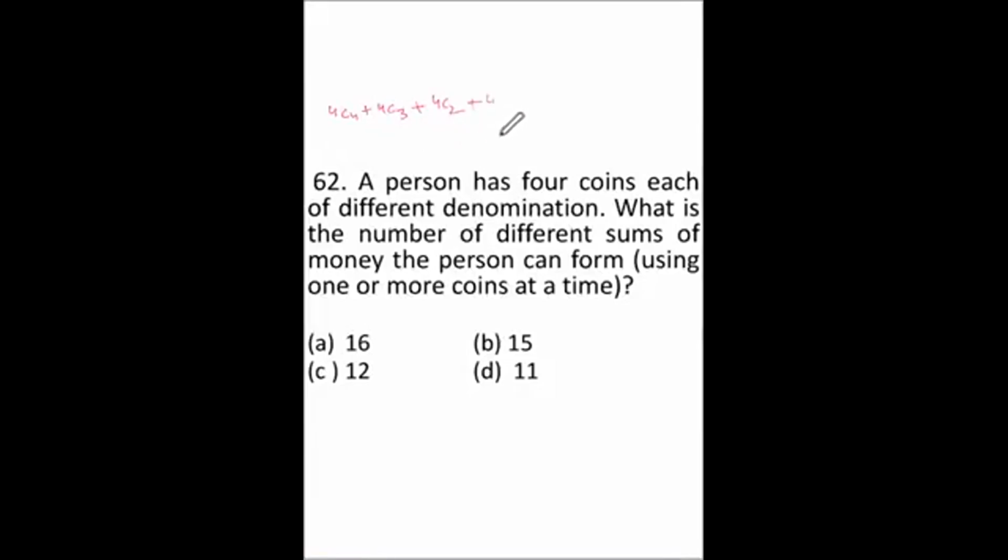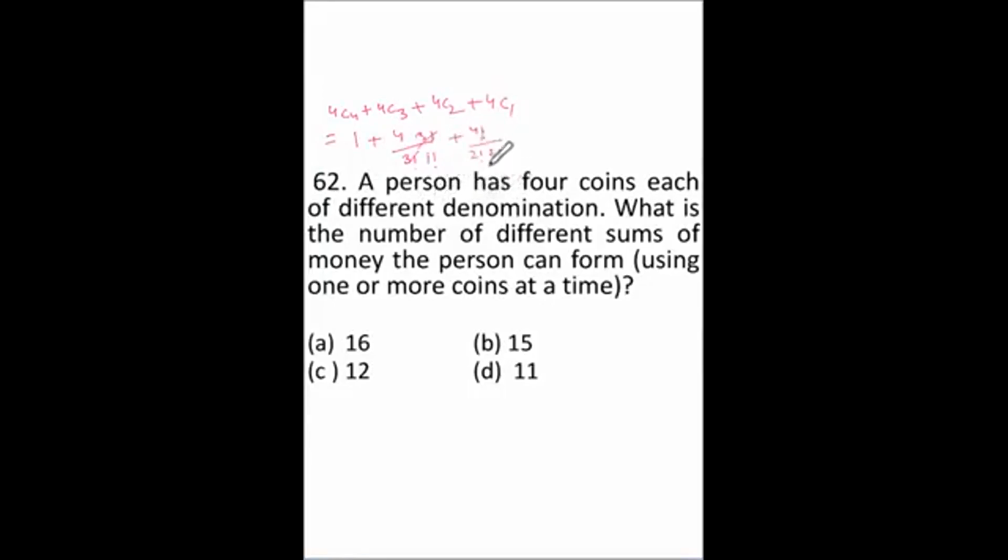4C2. Then 4C1. And the value of this comes 1 plus 4 factorial upon 3 factorial. So 3 factorial will cancel out, then 1 factorial plus 4 factorial upon 2 factorial and 2 factorial.